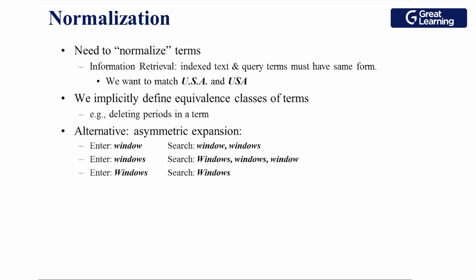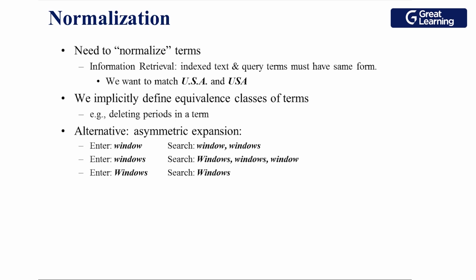Let's take an example. If somebody is searching for "window", just window, it's okay to show window as well as windows. If somebody is searching for "windows", then it's okay to show, of course, Microsoft Windows, and how to fix windows or buy new windows for a house, and so on.